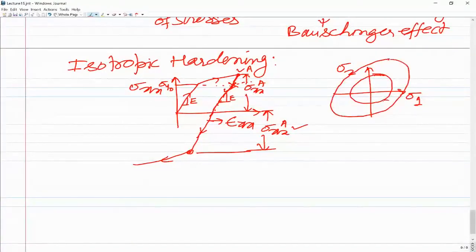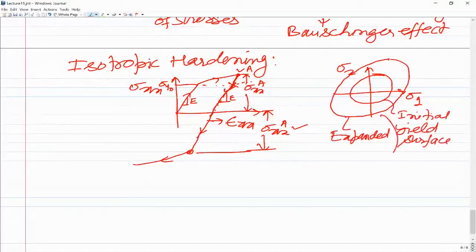So here, this is the initial yield surface and this is the expanded yield surface. We call it, in isotropic hardening, an expansion of the yield surface. This expansion is what is attributed to isotropic hardening.